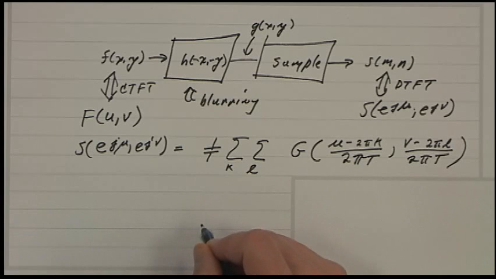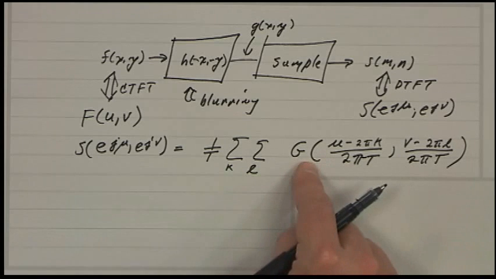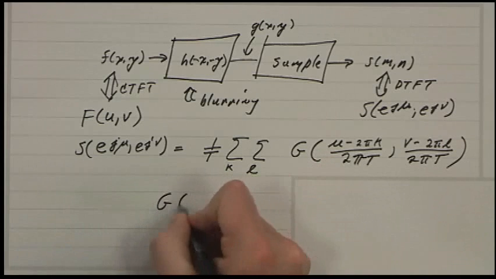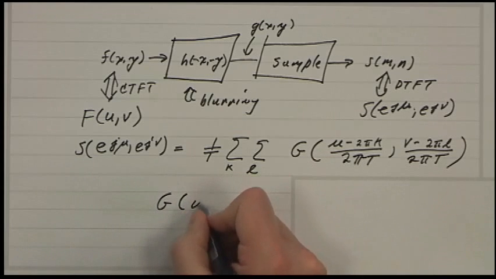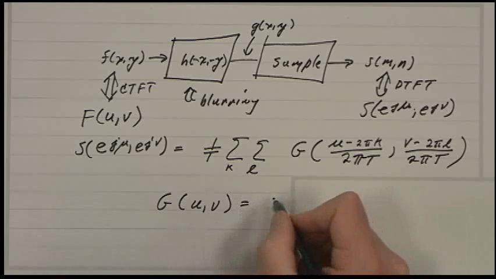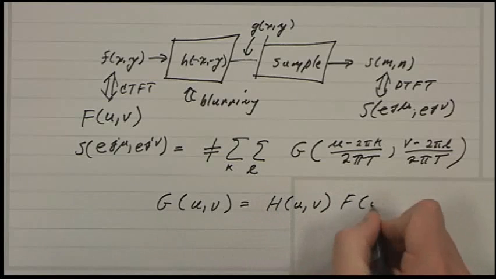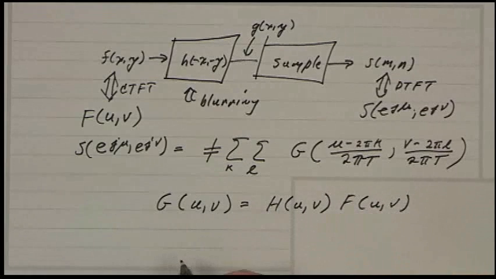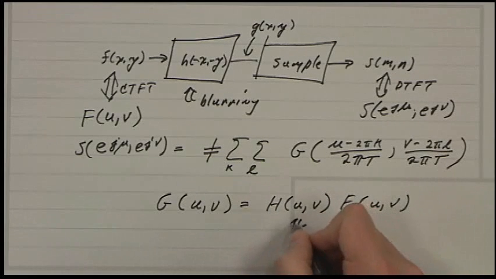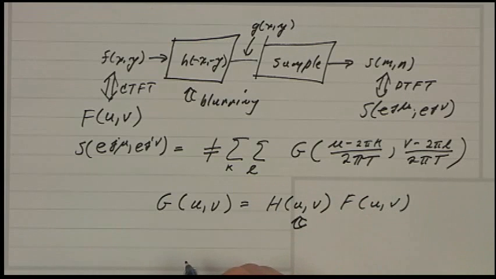But g of u, v is really going to be h of u, v times f of u, v, where h is the frequency response of the filter.